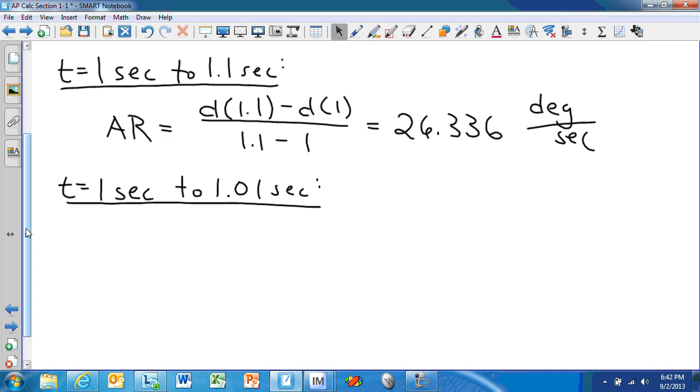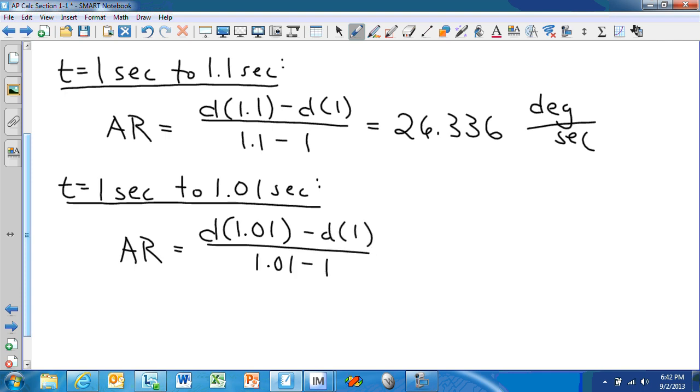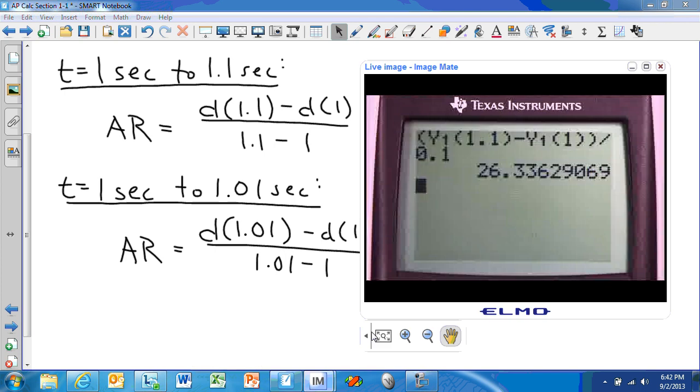So again, our average rate that we're going to calculate is equal to D at 1.01 minus D at 1 divided by 1.01 minus 1. Now, it did take a little bit of time to punch that equation into your calculator the first time, but if you go back to your calculator, I can basically just bring up that last calculation by pressing second and then enter.